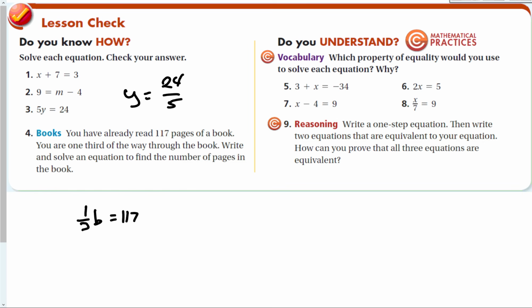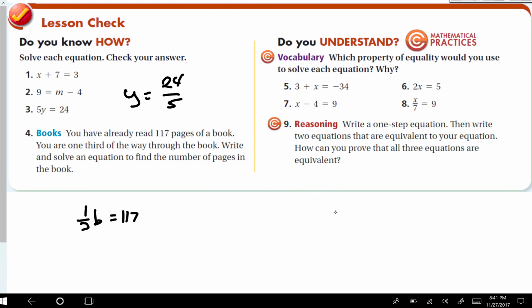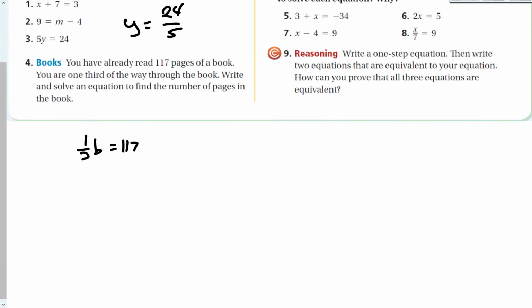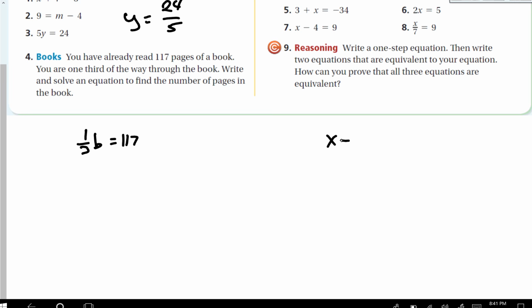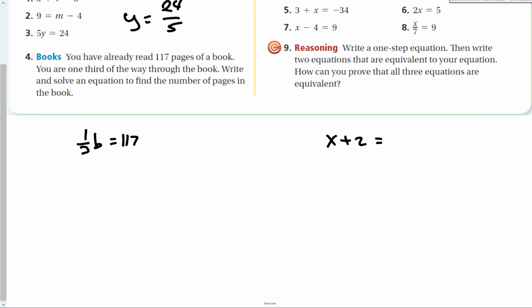Write a one-step equation, then write 2 equations that are equivalent to your equation. Well, I can do that pretty easily. A nice simple one-step equation would be something like x plus 2 is equal to 6. Well, I could actually solve this and say x is equal to 4, and that's a similar equation.